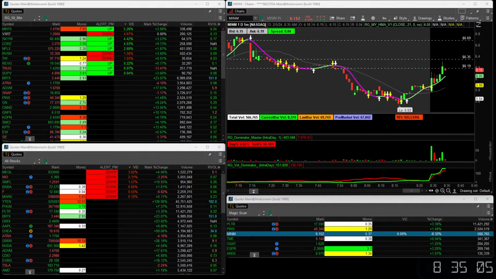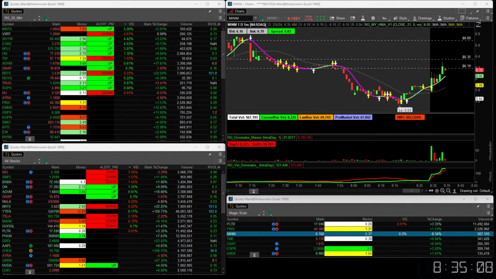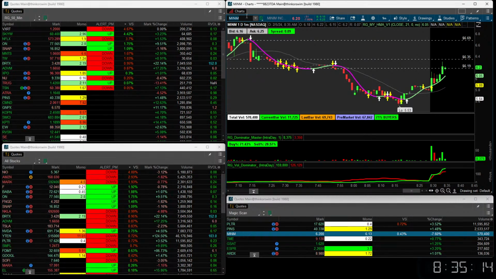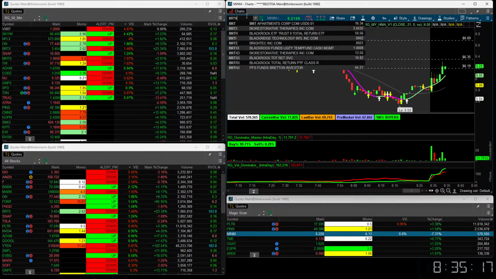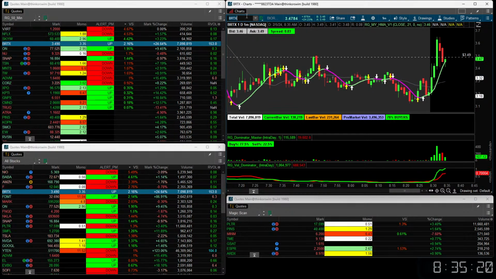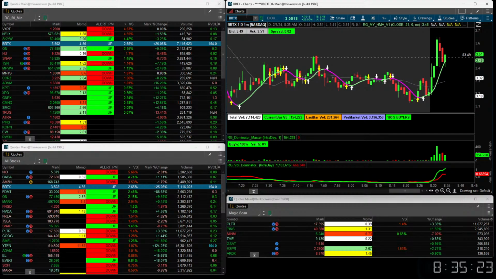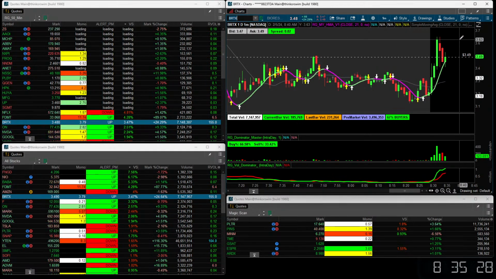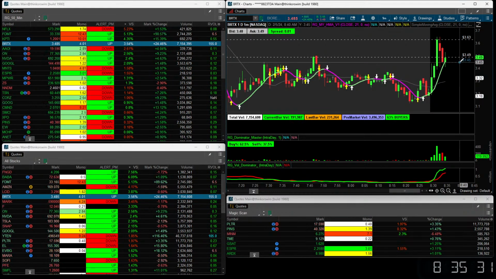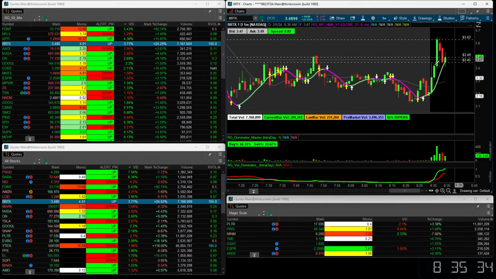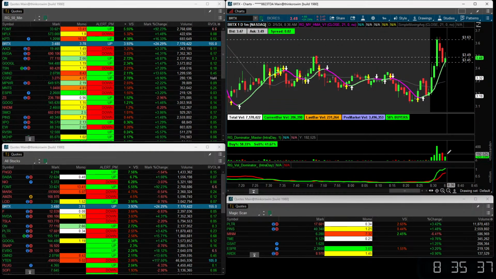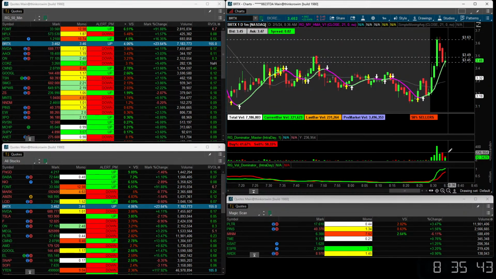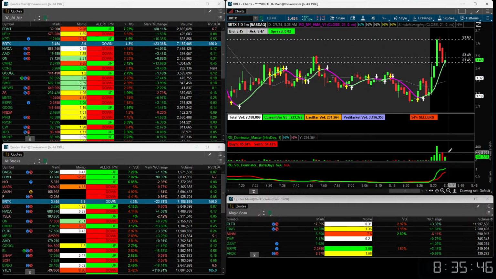MINM. That's last week's play. The RTX, where did it go to? Popped up at open, pulled back. So if it bounces, your entry's down here. If we can get a bounce, you're going to be watching for a taller bar down here. If it has any strength to it, it's going to run back up.